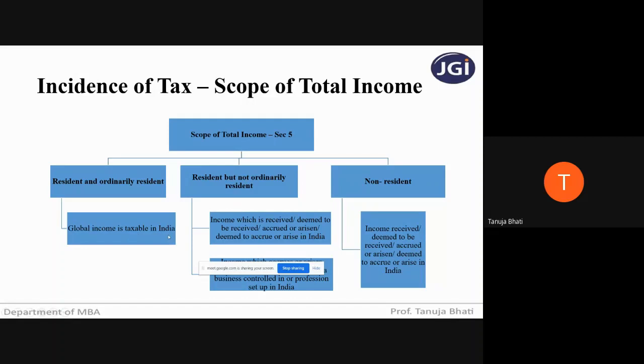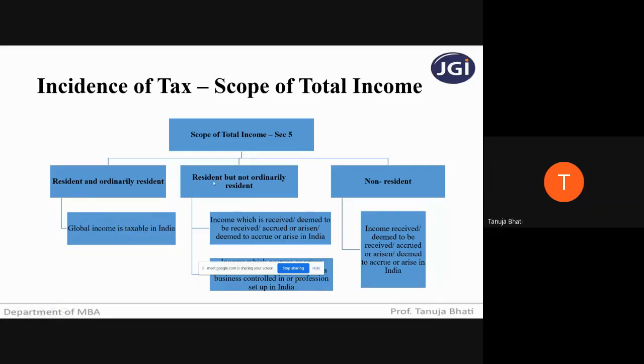Global income is taxable in India, irrespective of whether you receive income in India or outside India. Since you are resident and ordinarily resident, your entire income will be taxable in India. I am just talking in respect of an individual, students, because for your syllabus only individual SSCs are covered.